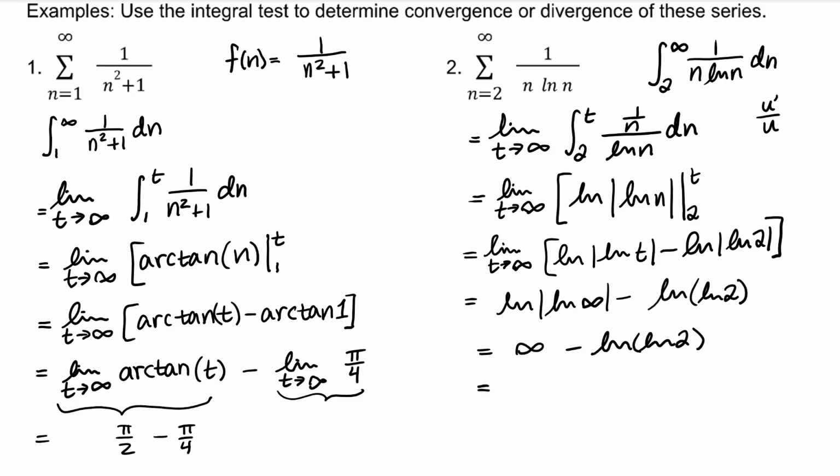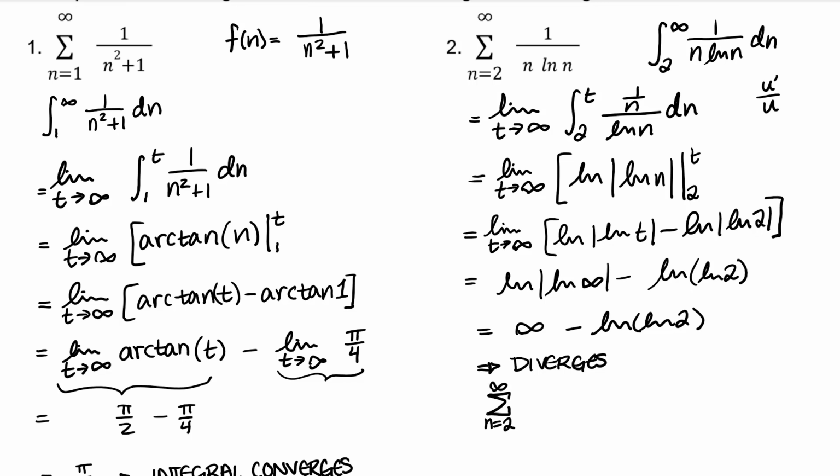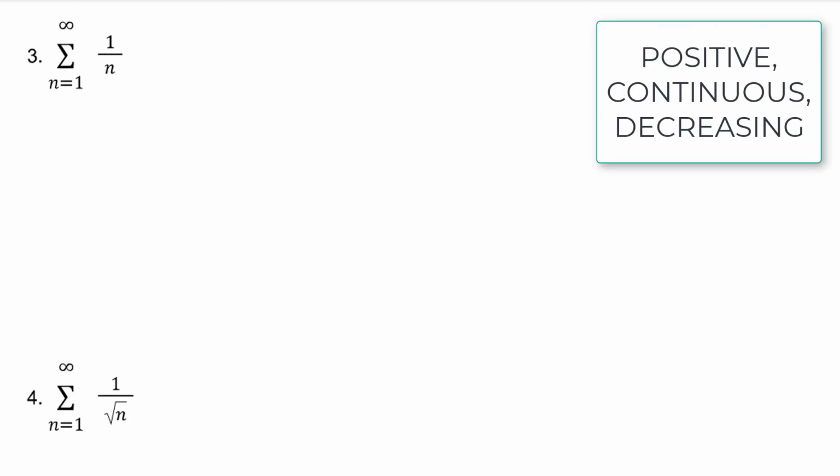And here we have a divergent integral, which means our associated series will also diverge. And instead of writing integral test, we can put IT. Let's try number 3.